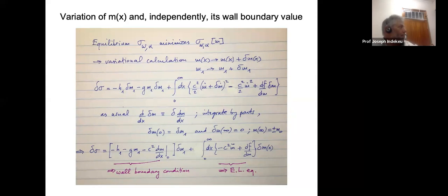Okay, with fixed wall condition. And then we get a function of the wall value, because the wall value was some given value, but as a function of that given value, we can plot our result.